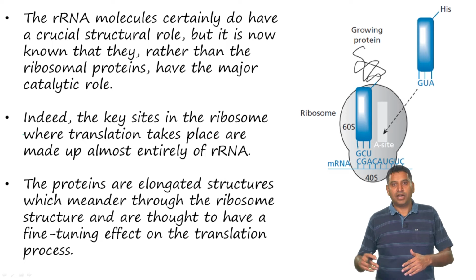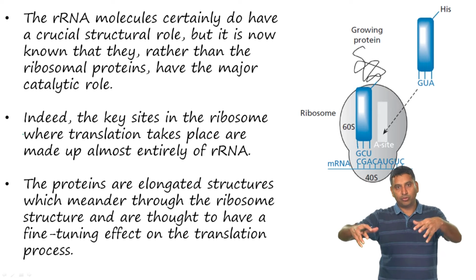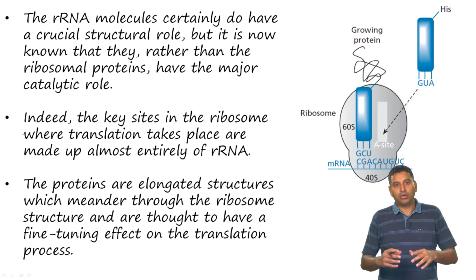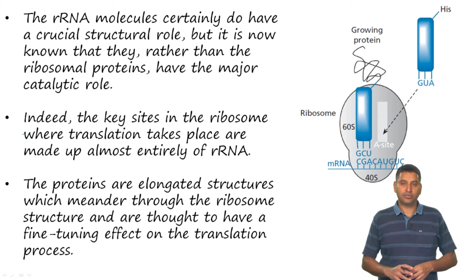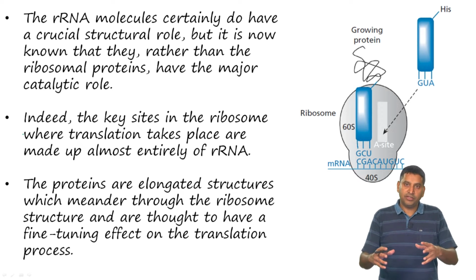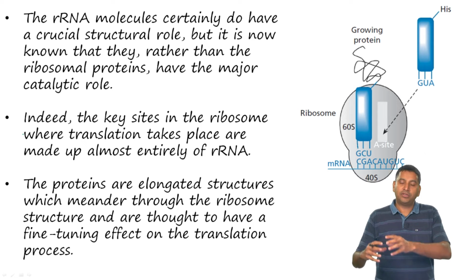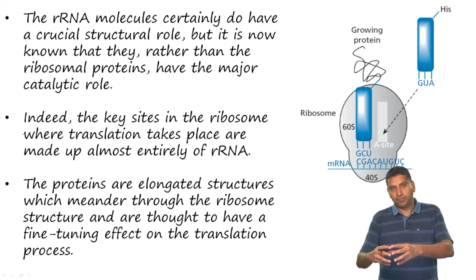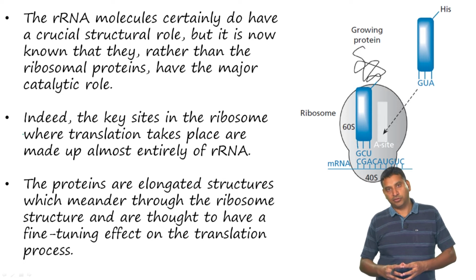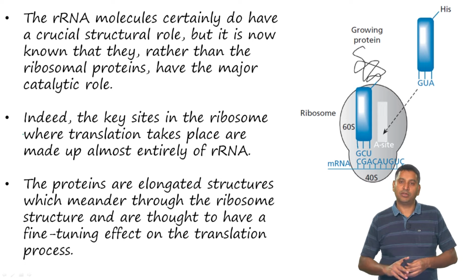The proteins are elongated structures which meander through the ribosome structure and are thought to have a fine tuning effect on the entire translation process. So, ribosomal RNA plays the most crucial structural as well as catalytic role in translation, while the protein helps with fine tuning of this process.